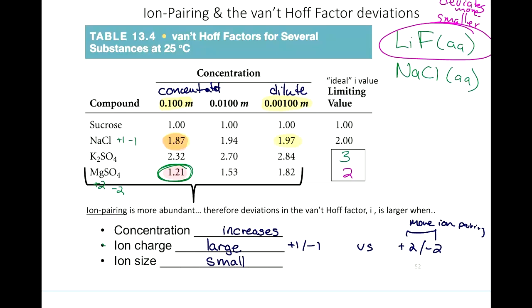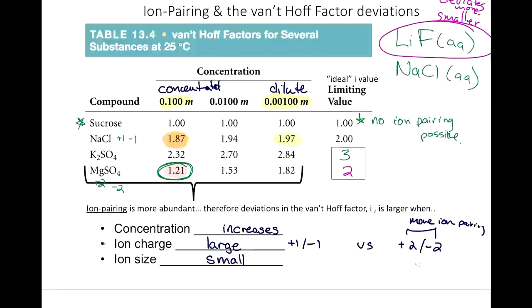All right, and so that's a big deal because we needed that to answer the next question. So I forgot to mention that. Sucrose, no ion pairing possible. But that's just for non-electrolytes like sugar, glucose, organic things. Any ionic things that are electrolytes can ion pair and deviate.